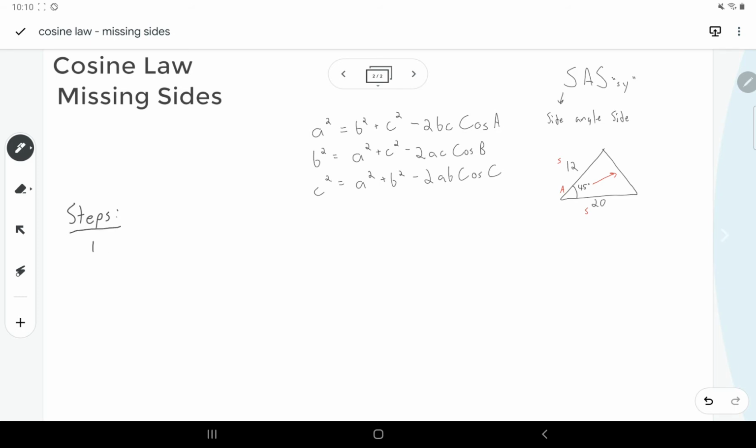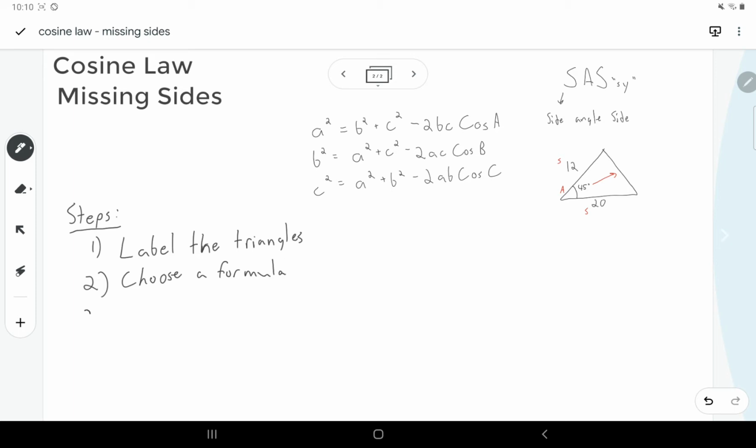The steps I like to take are, first, label the triangle. Okay, this is the first step in every trigonometry question forever. So label the triangle. That's the sides and the angles. Choose a formula. Okay, so that's from the selection above.